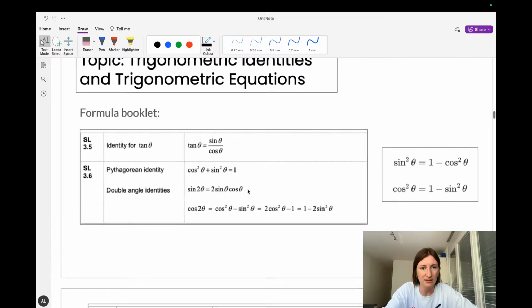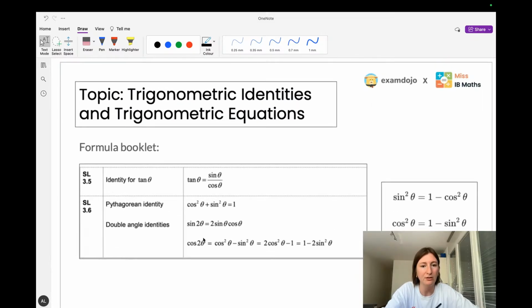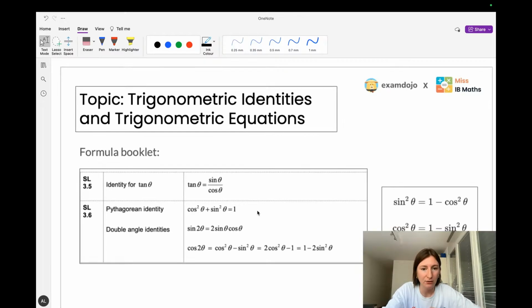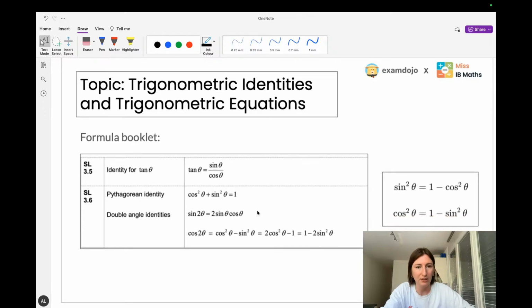However, the process is the same. There's nothing really different that you need to do. It's just that you're working with these like they're formulas. For AIHL, your formulas are only these two that you're working with. And you have a couple of other ones, but again, it's the same sort of methods.